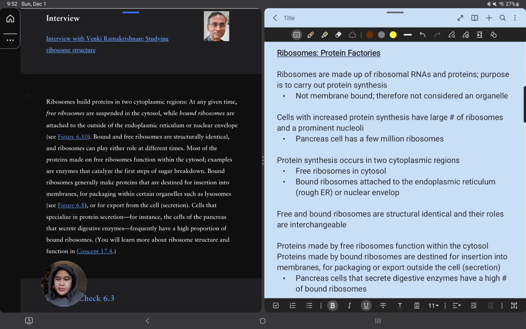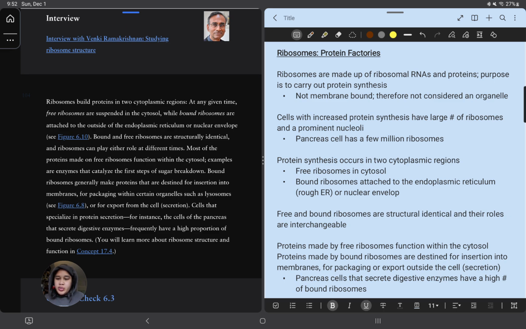And by this I assume they mean they can be either bound or free at different times. Most of the proteins made on free ribosomes function within the cytosol. Examples are enzymes that catalyze the first steps of sugar breakdown. Bound ribosomes generally make proteins that are destined for insertion into membranes, for packaging within certain organelles such as lysosomes, or for export from the cell, secretion.